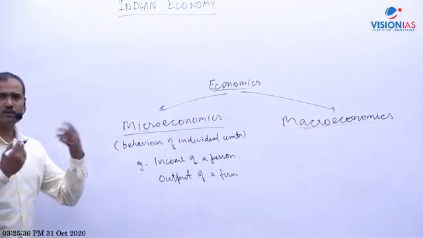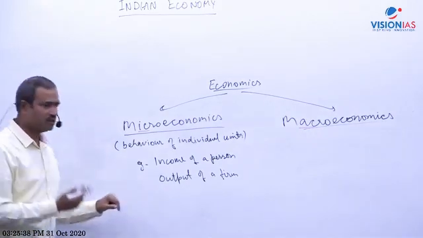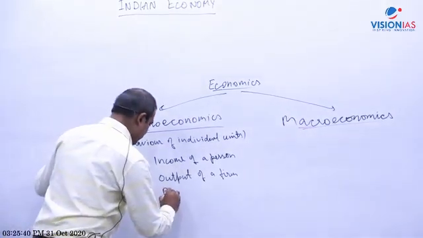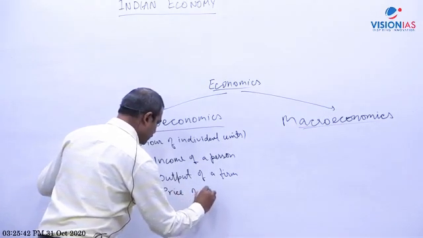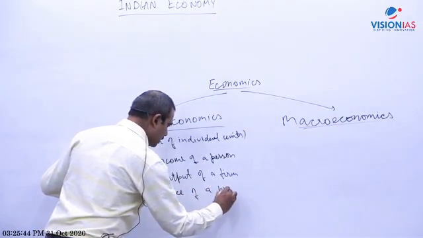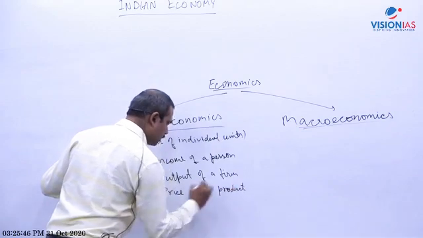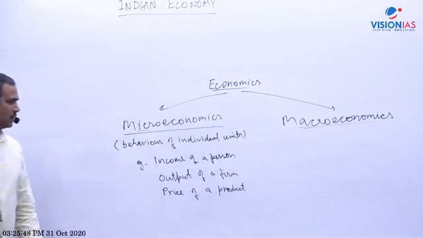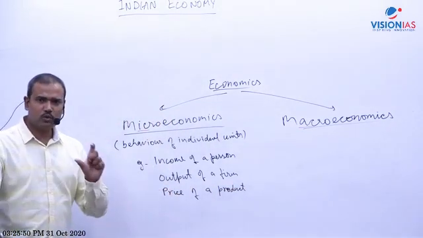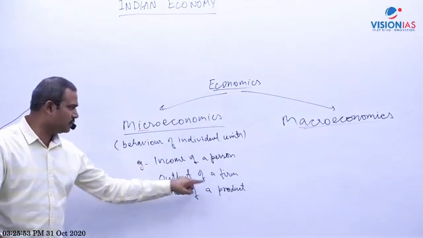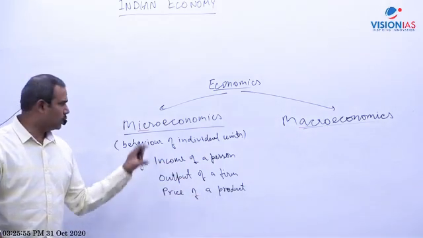The firm's objective is to make profit, so how much output will give maximum profit. Another is price of a product, how a firm should fix the price, etc. You can see here one unit is studied: a person, a firm, a product. So this is micro.